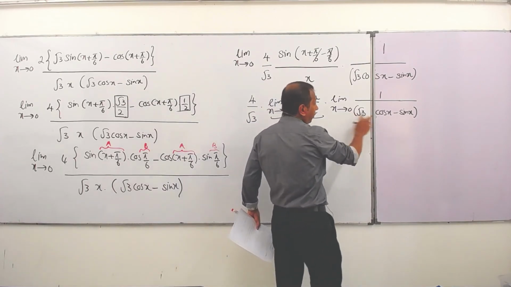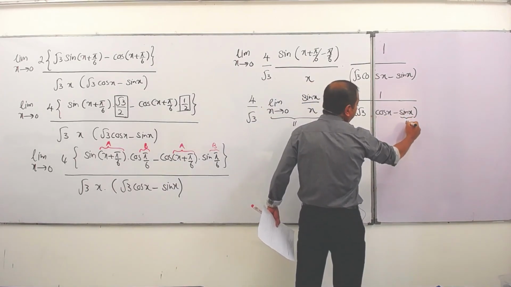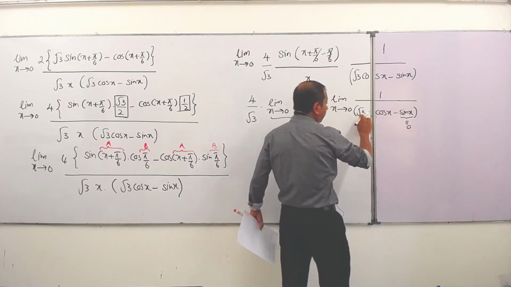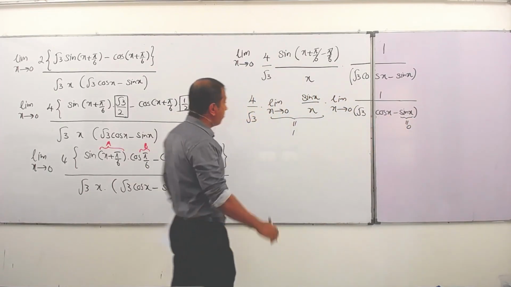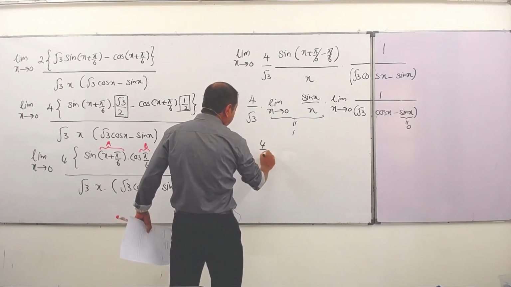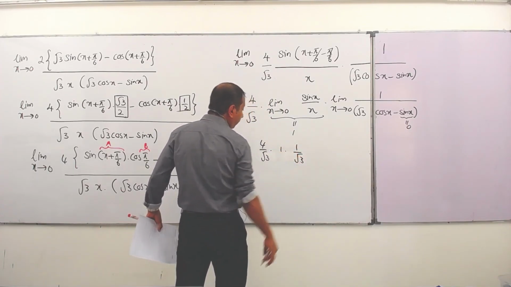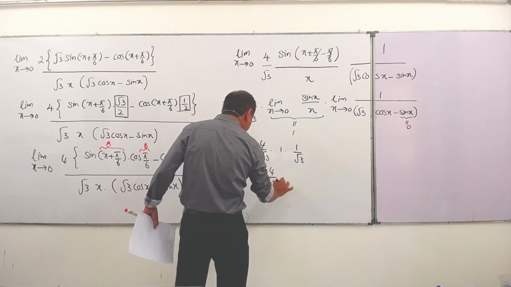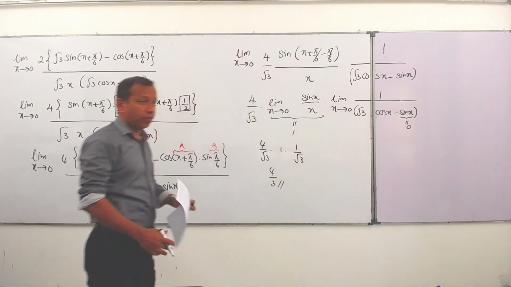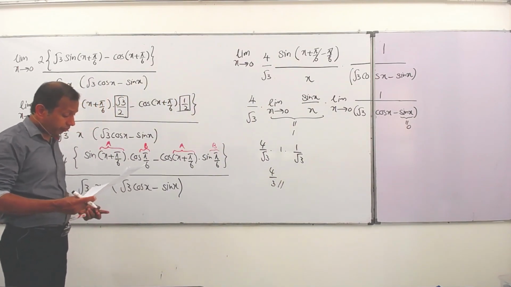Here when you put x as 0, sin x is going to be 0, cos 0 is 1, giving only root 3. Right. Then 4 over root 3 into 1 over root 3 gives us 4 over 3. That's the limiting value.